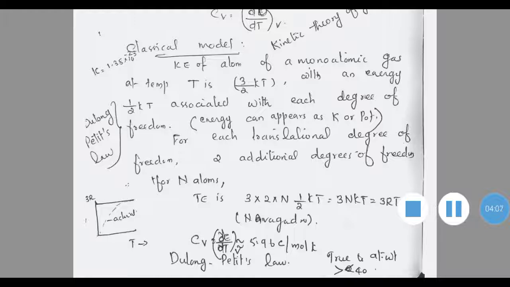So for N atoms, it is half kT into 3 degrees of freedom, multiplied again by 2 into N. The expression for total energy according to the kinetic theory of gases is 3RT.